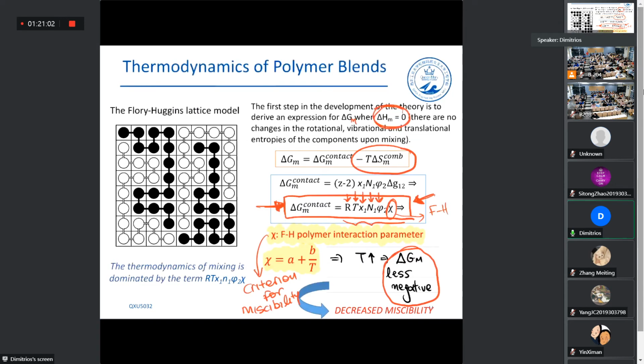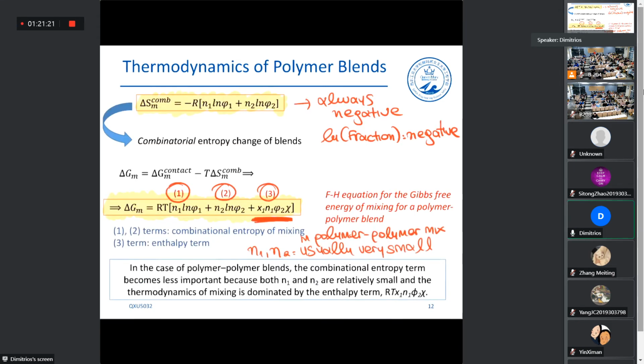All the others, I don't present you the way that we derive them, because this is very complex even for your expertise and ease of using mathematics. So all I want you to know is this Flory-Huggins equation, which is very simple, of course.